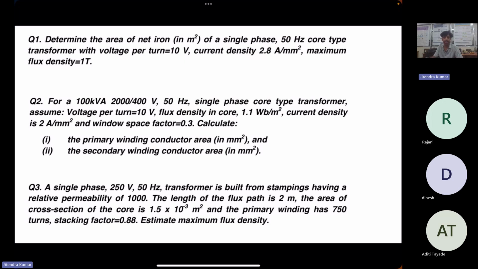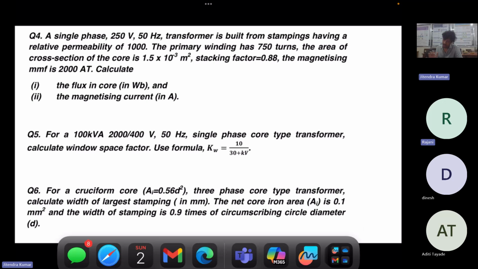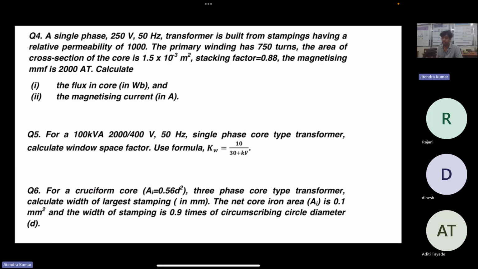Now we need to estimate the maximum flux density in the core. So I hope now you can calculate. I hope you have seen the problem carefully. I'll again write all the parameters there.